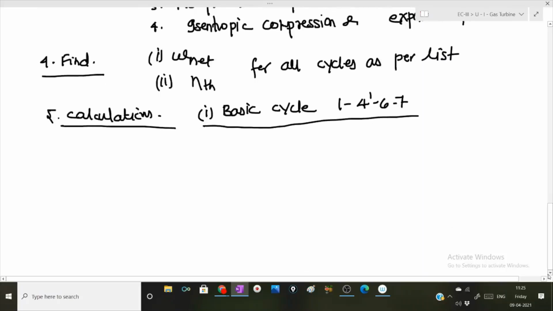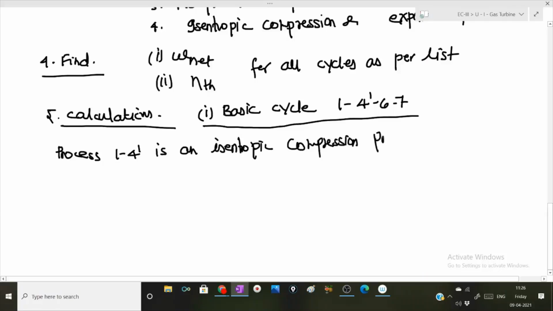So let us start from the process 1-4'. Now we know process 1-4' is an isentropic compression process. What does it mean? T4' over T1 is equal to P2 over P1 to the power gamma minus 1 over gamma.